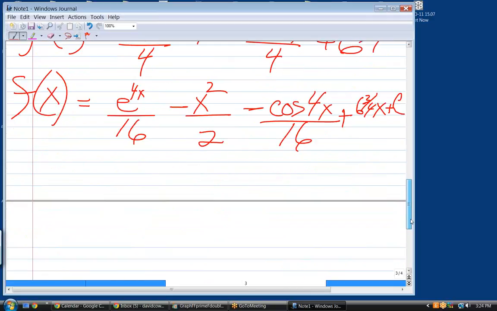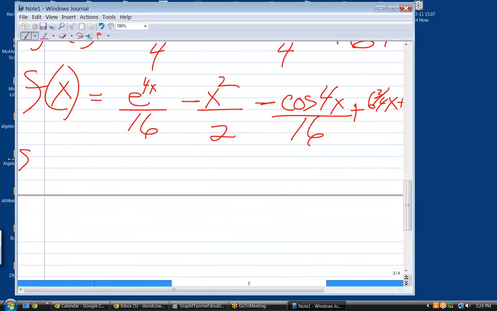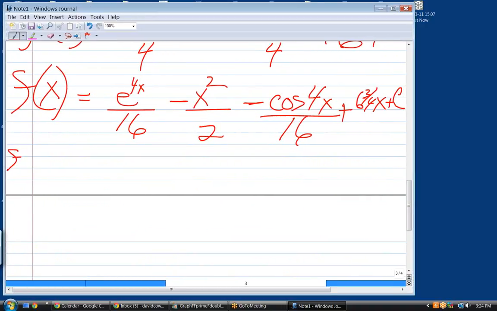Then we do f of 0 equals 4, which equals... And then you would do e to the 0 over 16, minus 0 over 2, minus cosine 0 over 16.